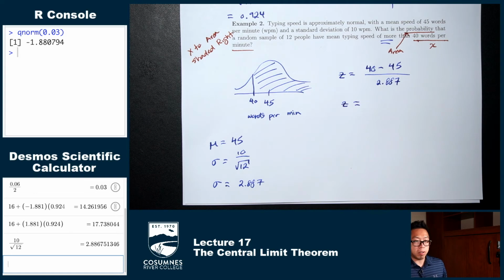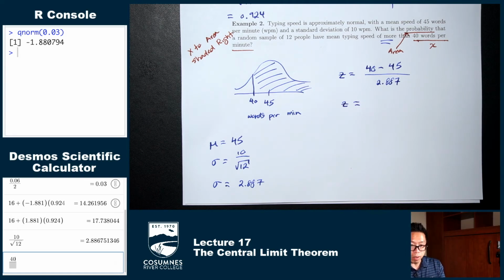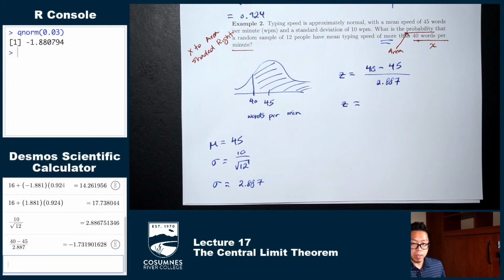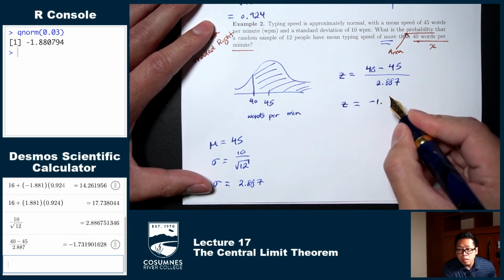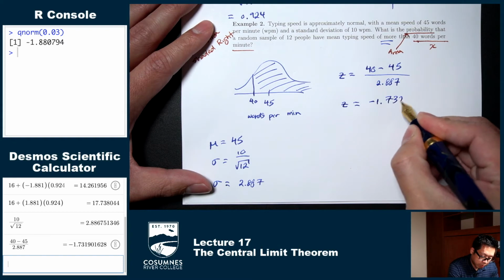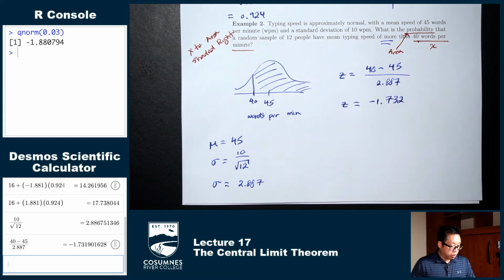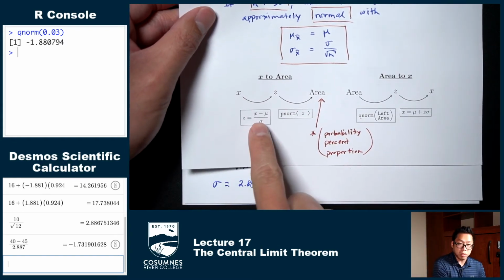All right, so on our calculator, up top, 40 minus 45, on the bottom, 2.887. Round to 3 decimal places here, that's negative 1.732. We just did x to z by using the z-score formula.